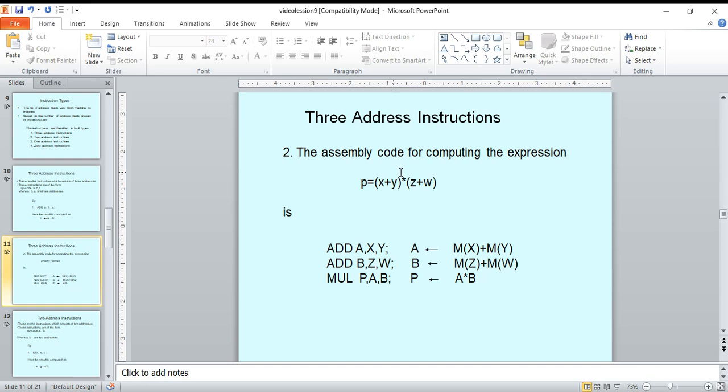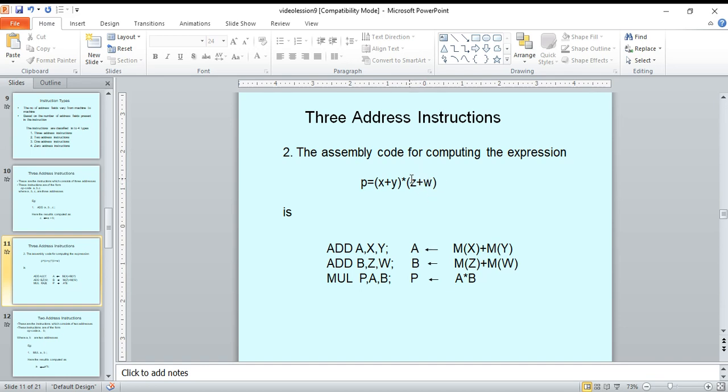Since it is a three address instruction, we have to use three address fields.